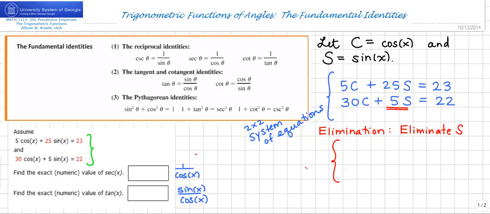So that means I'm going to multiply my second equation by negative 5. And that would produce negative 150c minus 25s equals negative 110, while my top equation stays the same as it was.